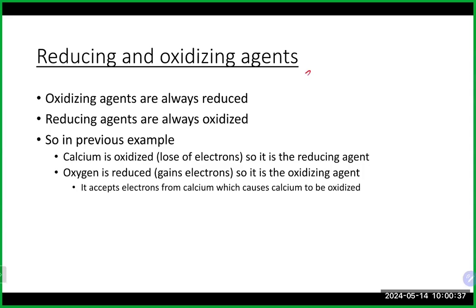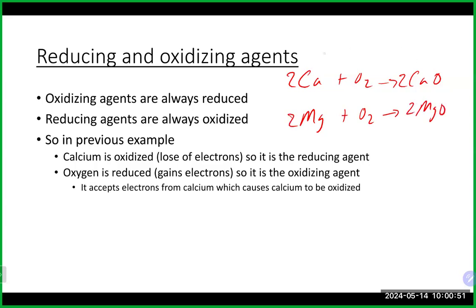So if we looked at our calcium and our magnesium in the previous examples that we looked at, this was being oxidized, which means the calcium here would be our reducing agent in that case.